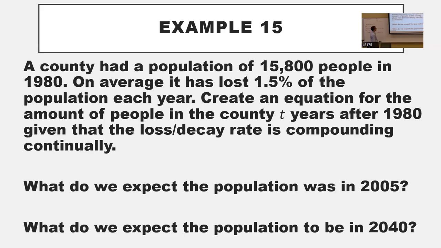Create an equation for the amount of people in the county t years after 1980, given that the loss or decay rate is compounding continually. And then what would the expected population be in 2005? What would the expected population be in 2040?